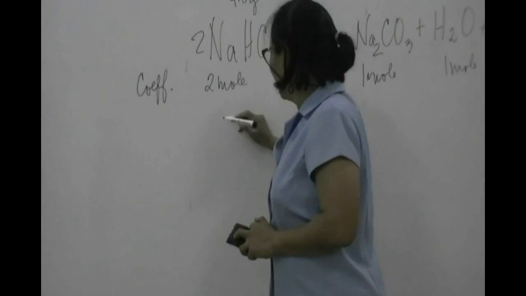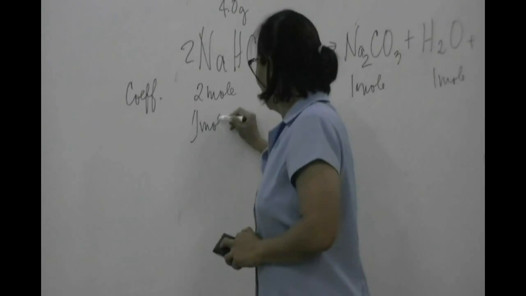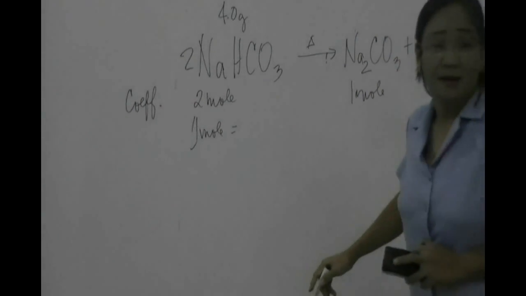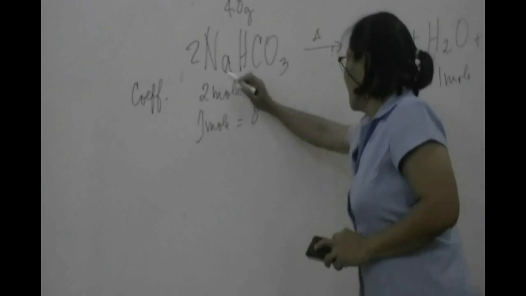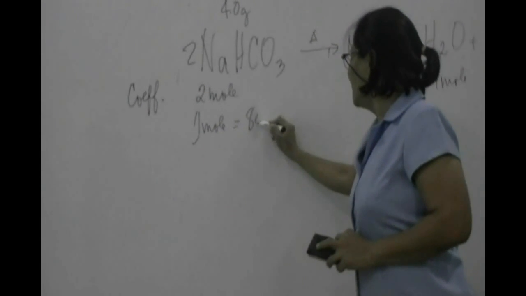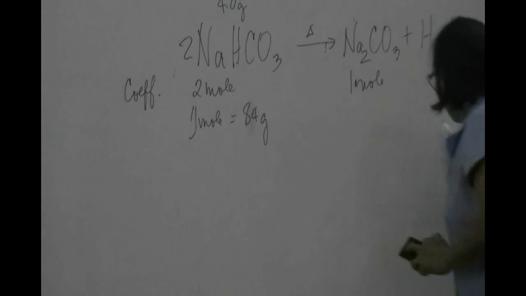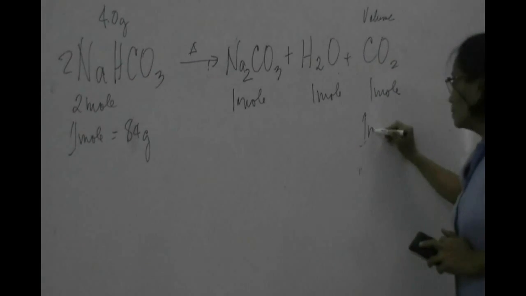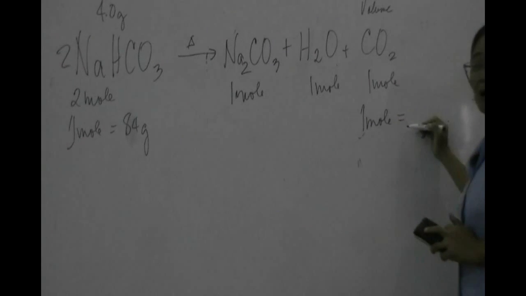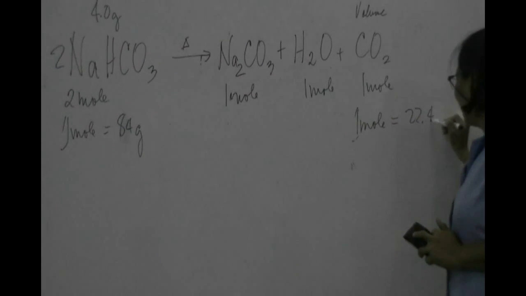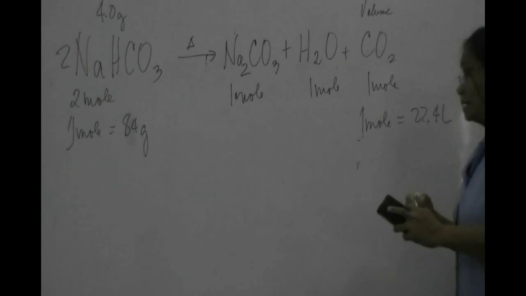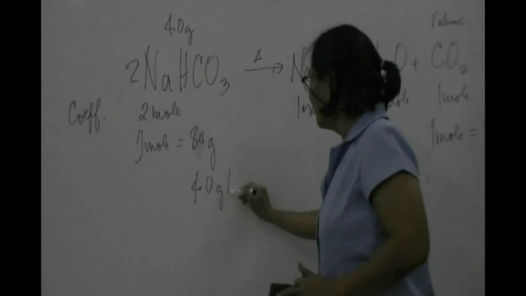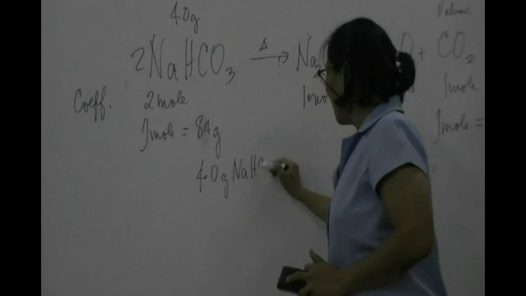The molar weight per mole of sodium bicarbonate is 84 grams. And for the volume, we will consider the standard: 1 mole of gas is 22.4 liters. We have a given of 4.0 grams of sodium bicarbonate.